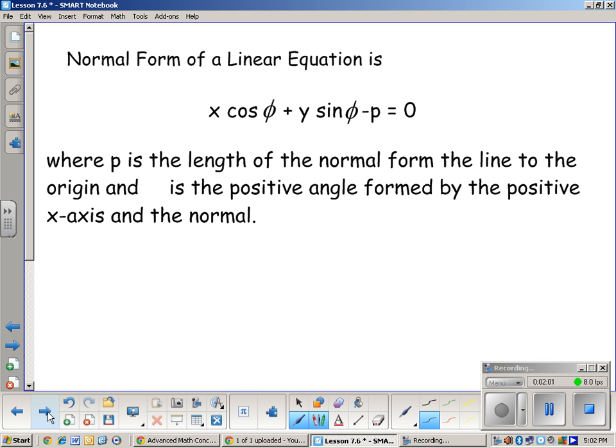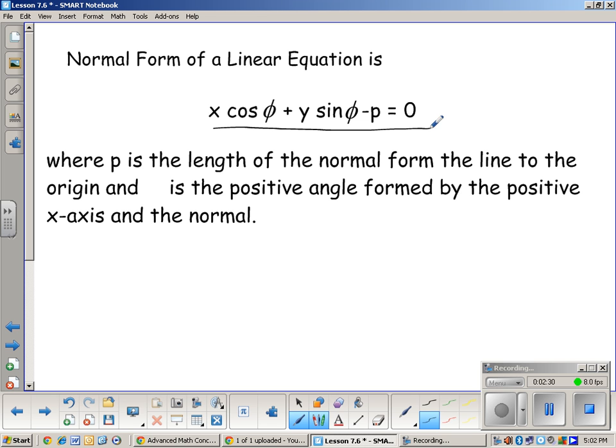Normal form of a linear equation is x times cosine phi plus y times sine phi minus p equals 0. That is the normal form. So when they ask for an equation to be in normal form, we want it to be in this form right here, where p is the length of the normal from the line to the origin.